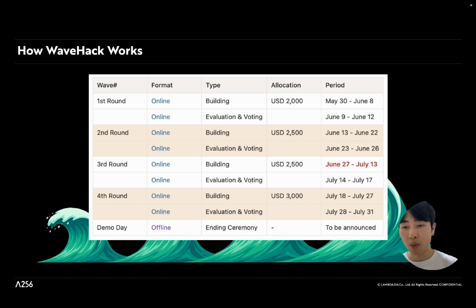And when you are ready to submit, you will do it through the Akindo platform, where you will upload your GitHub repo, demo link, and quick milestone summary, including how you use Nodit. Your milestones are completely self-defined, meaning you get to decide what success looks like in each wave.